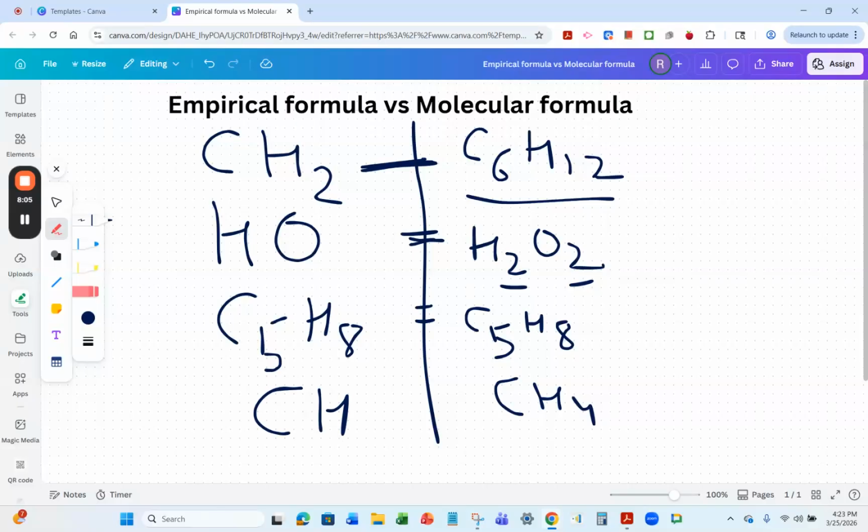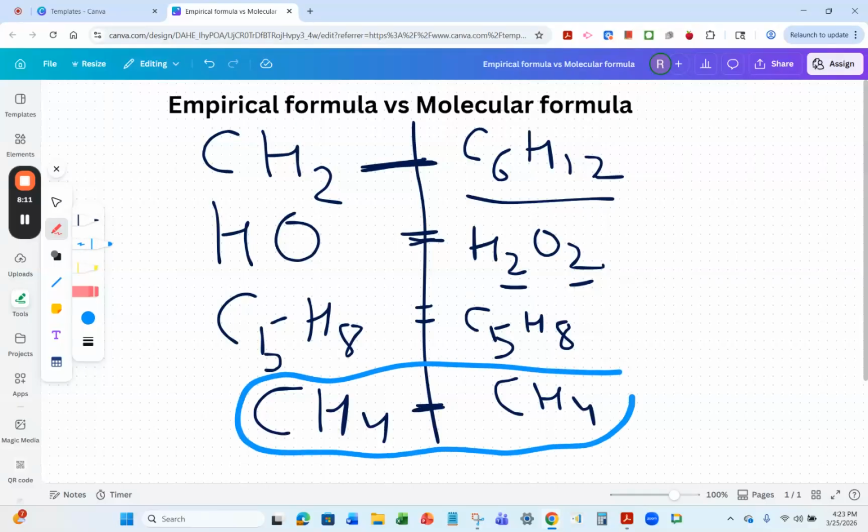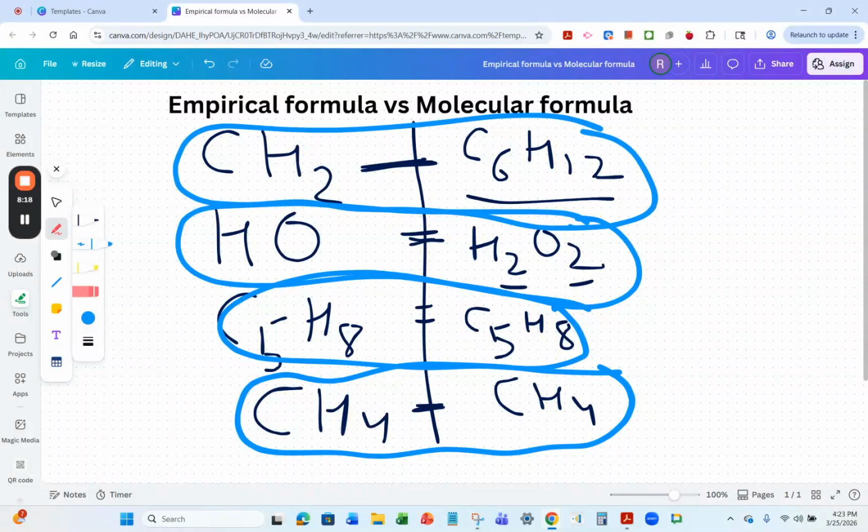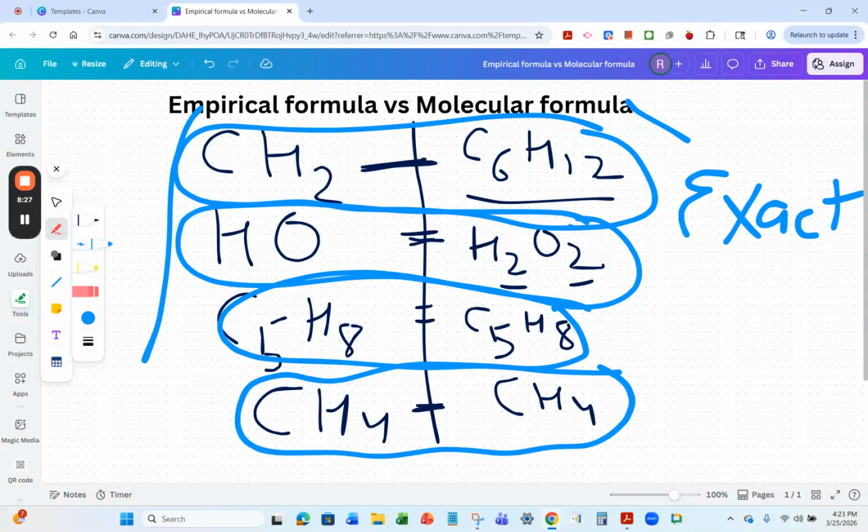So the empirical and molecular formula remain the same here, but in some cases we can simplify. You just need to divide all these numbers. So molecular means exact number of atoms, empirical means simplest.